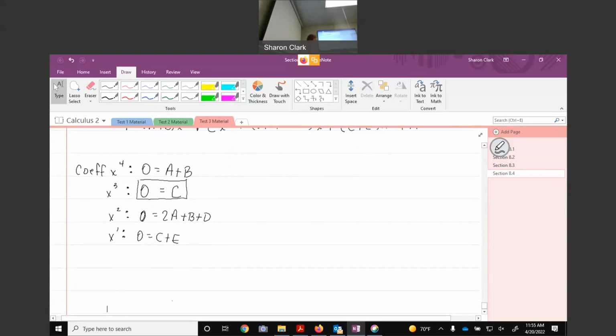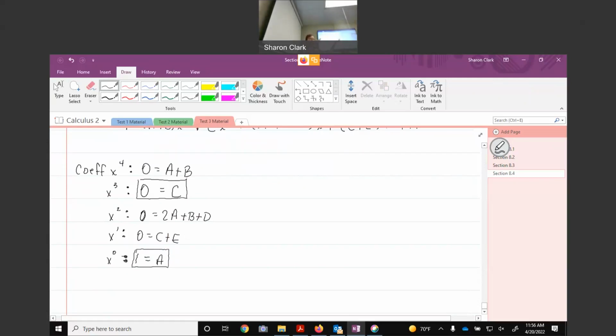Equal 0. And then x to the 0, 1 equals A.